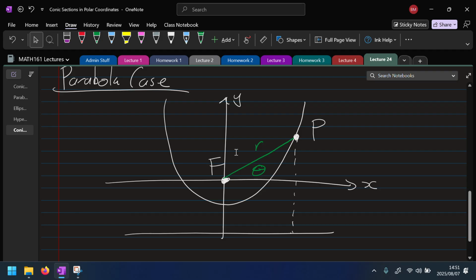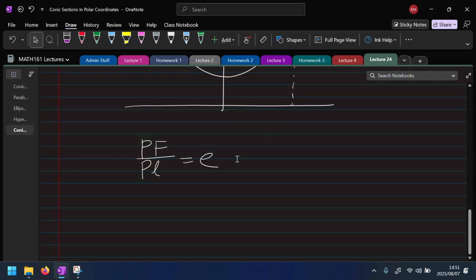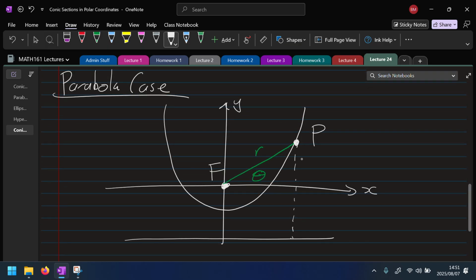Okay, so PF, what's that going to be? That's this hypotenuse line, so it'll just be the radius. What about PL? PL, that's going to be this y part, plus this bit underneath here. Let's just call that d.